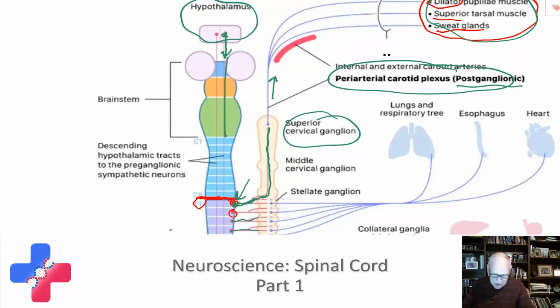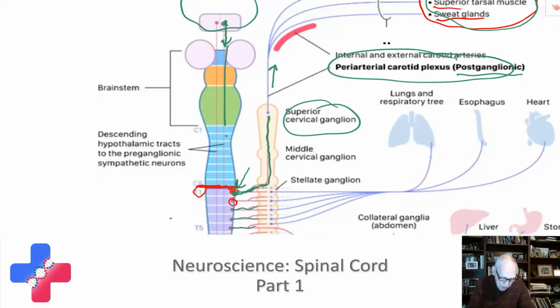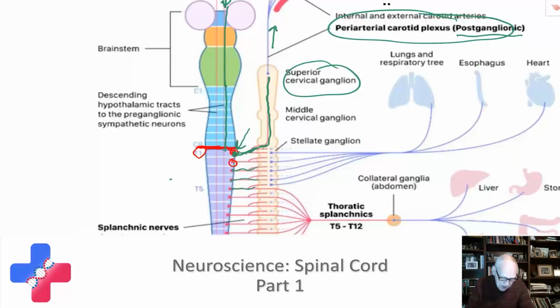And then it continues into the spinal cord, as you see here. And beginning here at T1, those peel off and drive the preganglionics. So what is driving the preganglionics is this descending hypothalamic tract. This is a very important term for you. So remember that term, descending hypothalamic tract.